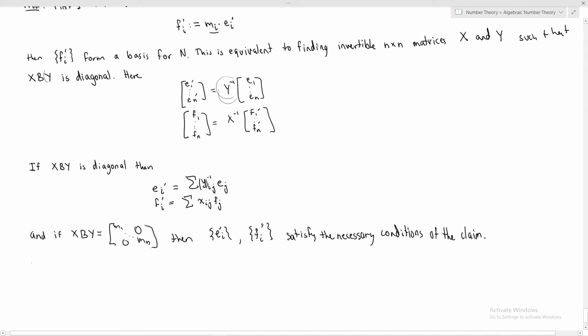All I'll say is see the Wikipedia page for something called Smith normal form, to see why I can find such X and Y.